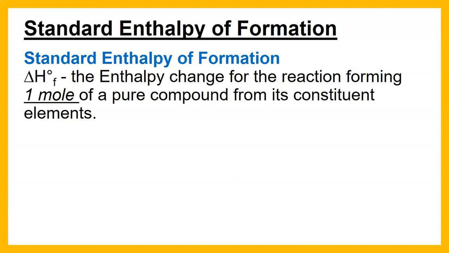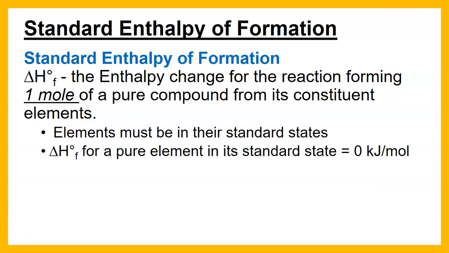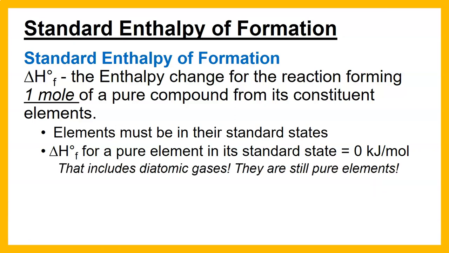If we make half a mole, it's not standard anymore. So we're trying to make 1 mole of product. The elements have to be in their standard states to count. And our elements in the standard state have an enthalpy of 0 kilojoules per mole, including diatomic gases. Those are still considered pure elements. So in its most stable form, we say that it's a value of 0.